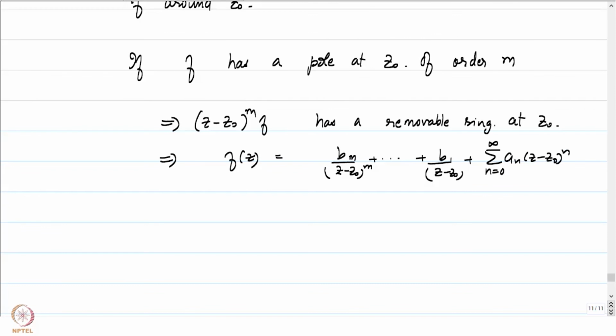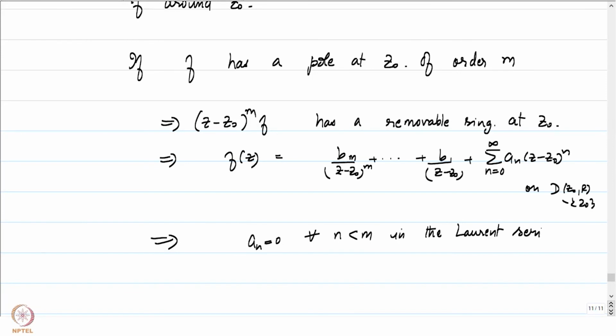And because of the uniqueness, this is on D(z0, R) minus z0, and this tells us that a_n is equal to 0 for all n less than minus m in the Laurent series expansion around z0 of f.